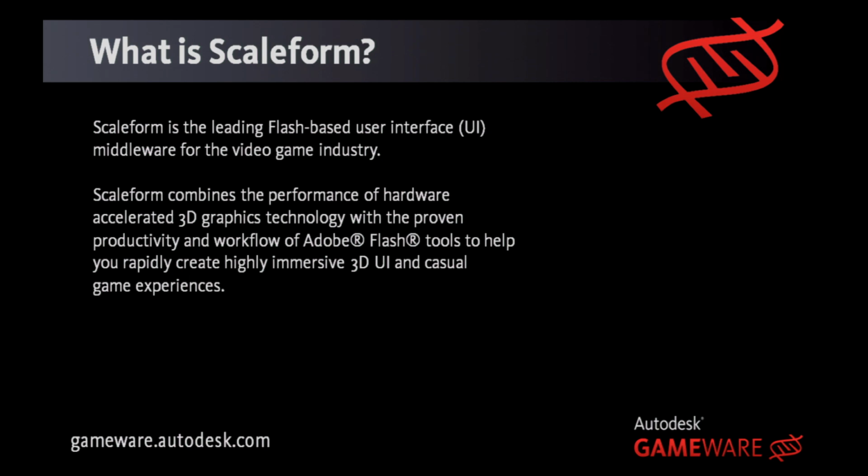We have a really spiffy algorithm for doing vector shapes really fast, large amounts of vector shapes. And then we anti-alias those vector shapes up to 256 times, I believe. But we also allow for bitmap images. And then we tessellate that stuff onto triangles, put it into 3D space, which allows the GPU to render it with hardware acceleration. That's Scaleform in a nutshell.